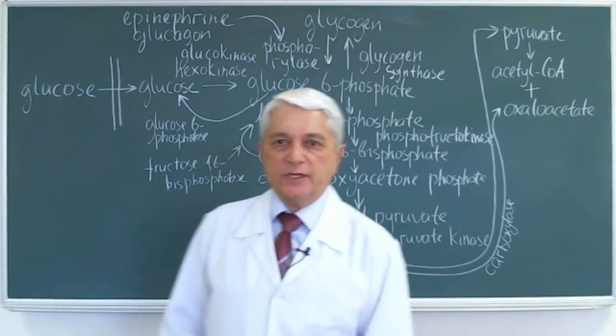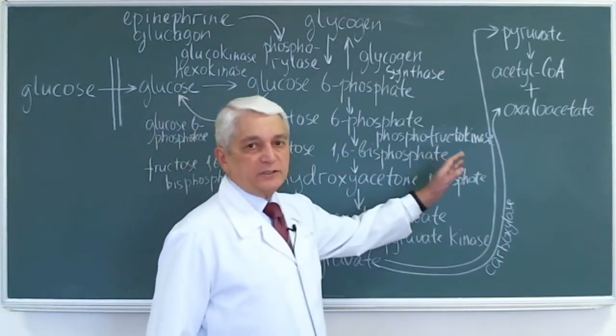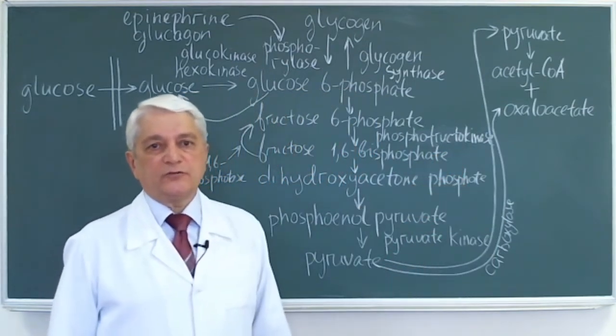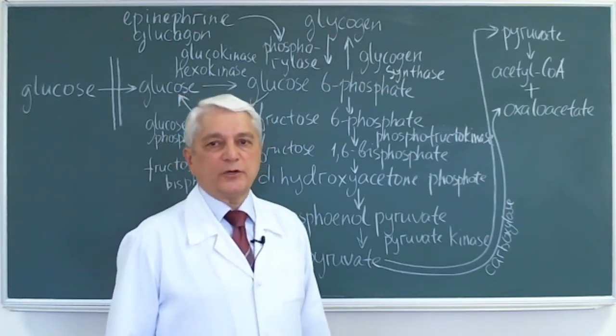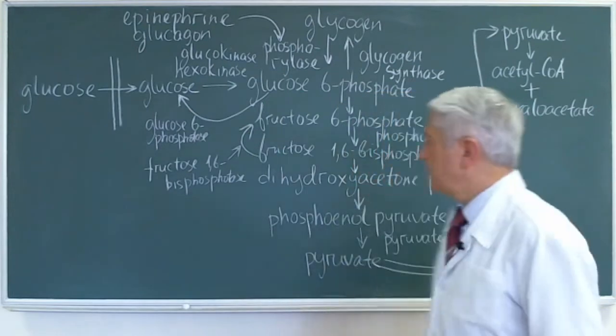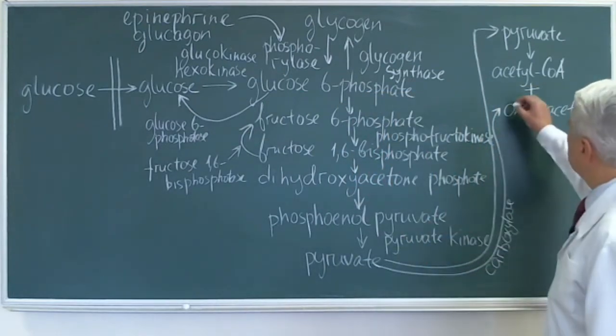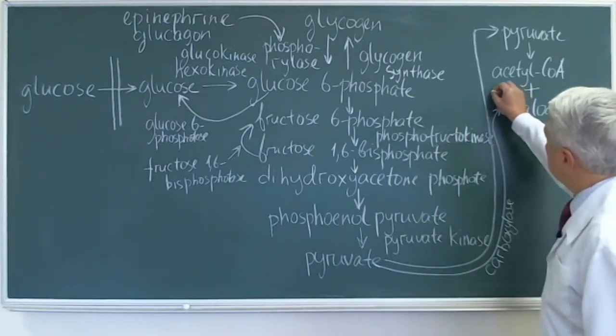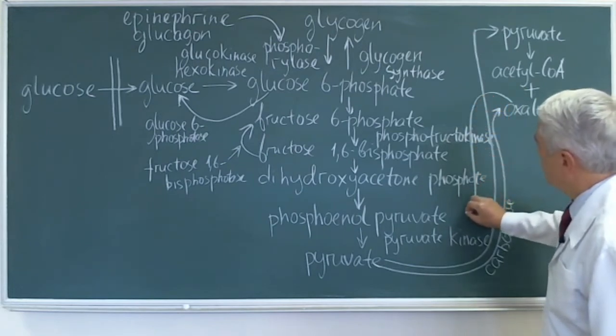Pyruvate carboxylase, and we are receiving oxaloacetate after addition of carboxyl group to pyruvate. Then oxaloacetate can be transformed to phosphoenol pyruvate. The next arrow will go here.